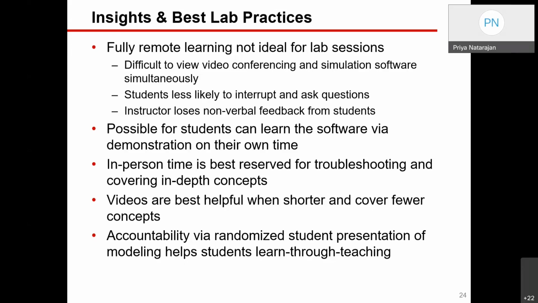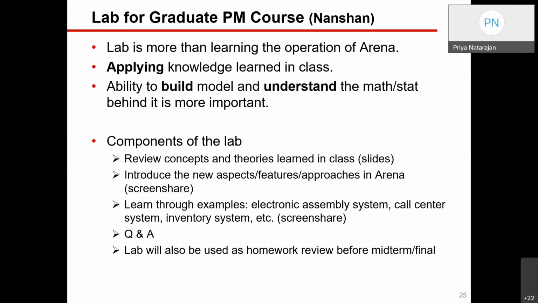And then this randomized student presentation really holds the students accountable for completing the work on time. It also helps them learn through teaching, but since there are no points attached to it, it doesn't impose a penalty. So it's a little less stressful that way. So that's what I found teaching the undergraduate lab.